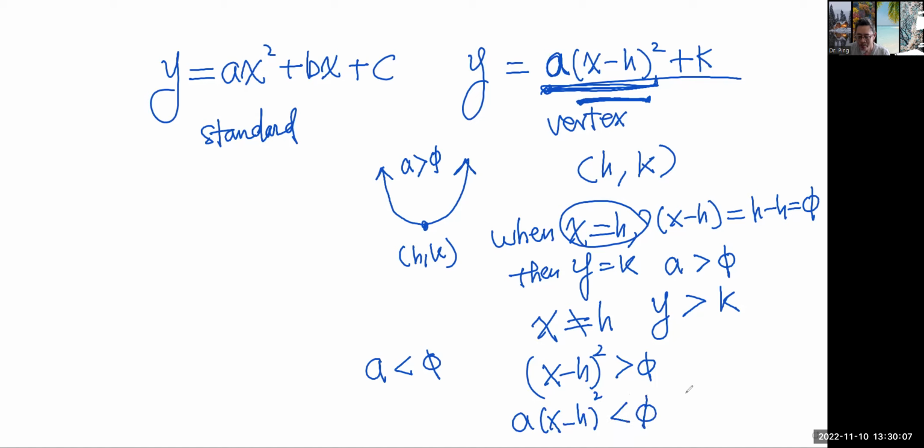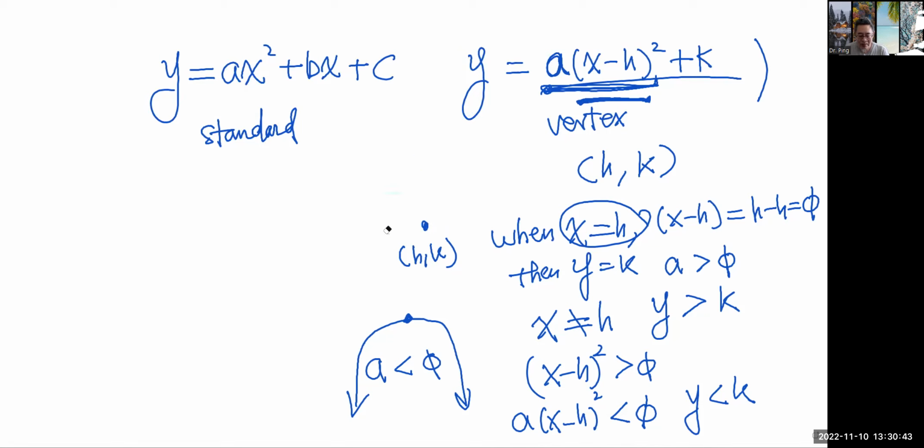Therefore y will always be less than k. So in this case, our graph looks like that. I call this a frowny face. So a negative, you get a frowny face, a positive, you get a smiley face. And you can understand why just by looking at the vertex form.